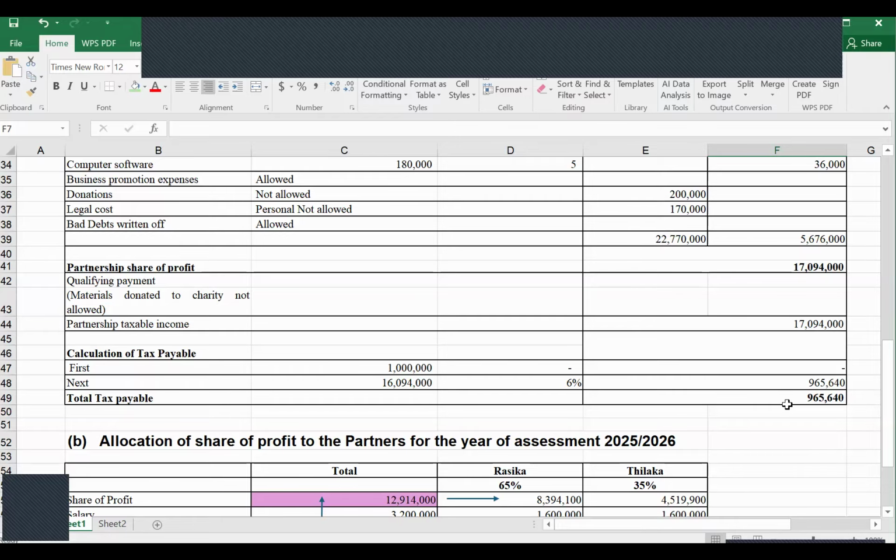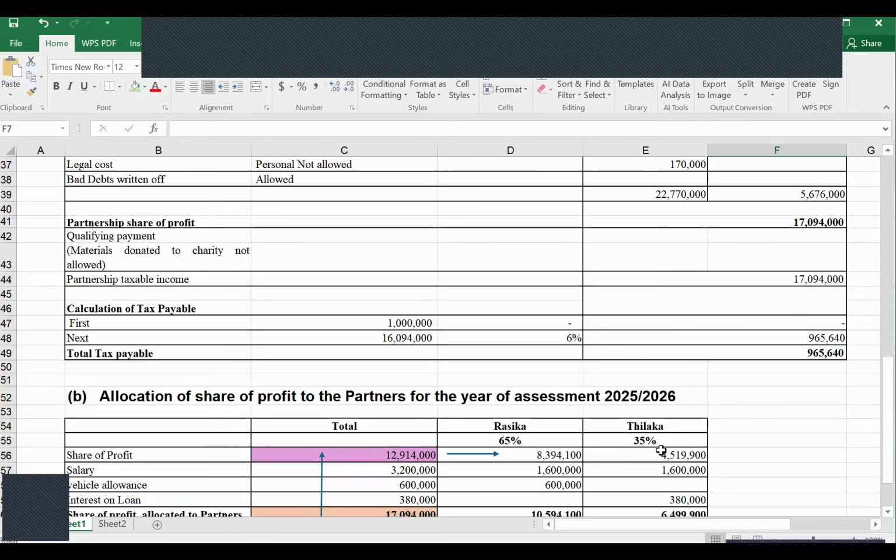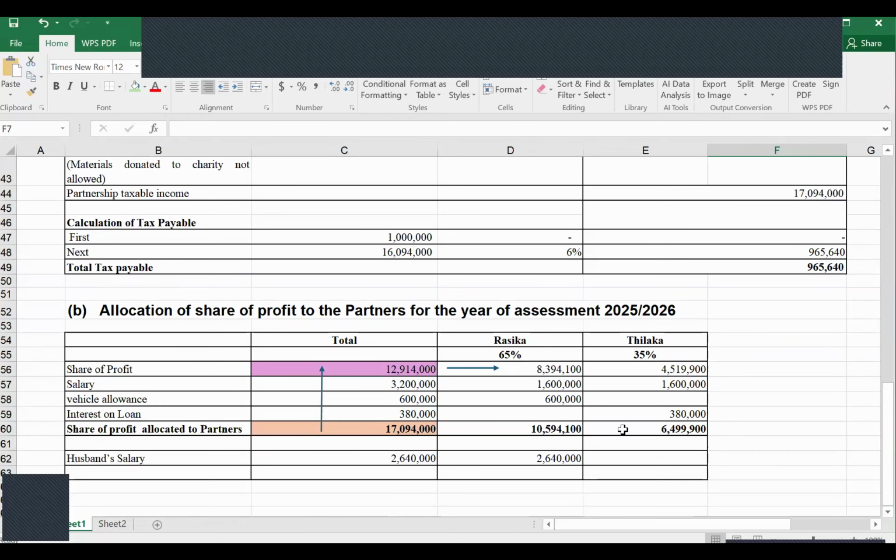If it is considered as a payment made, then we can grant tax credit for Rasika and Tilaka when we are calculating their personal tax liability. If it is not, we cannot grant a credit, because credit can be granted only to the paid amounts.